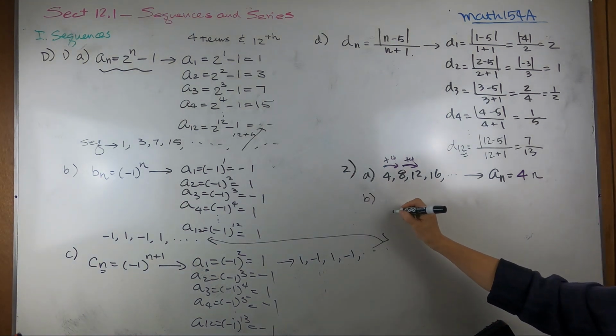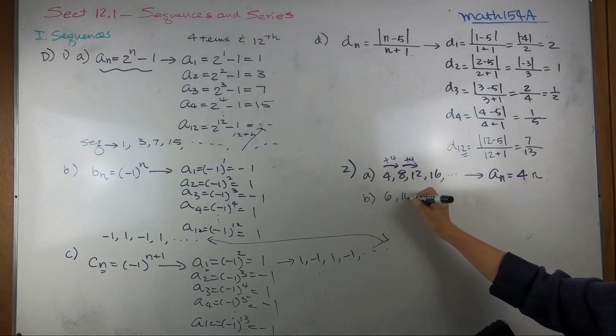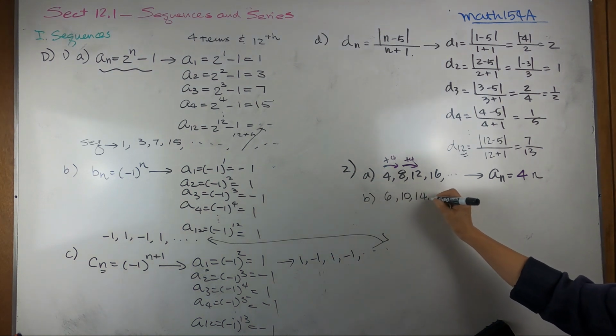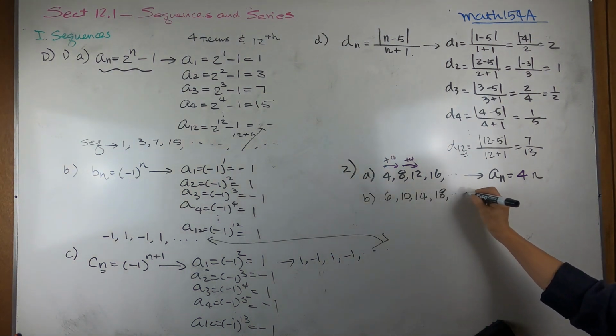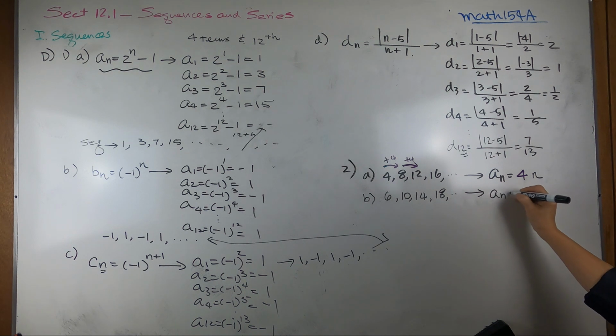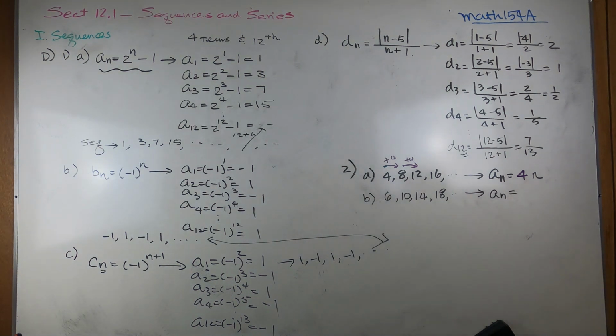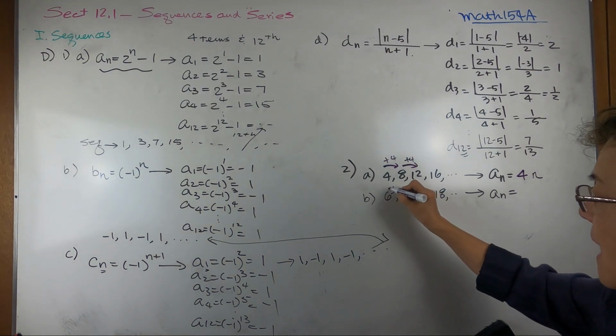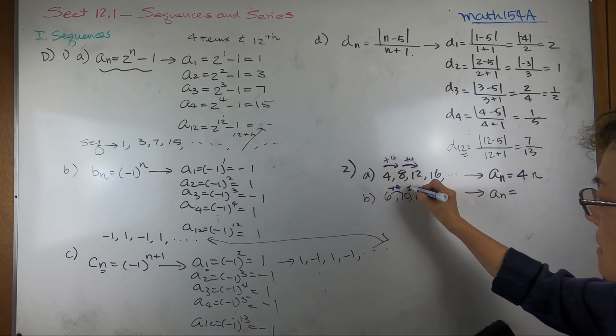If you have this one, 6, 10, 14, 18, so what's the general pattern, general term? Take a look. So it's what? By adding 4, right?